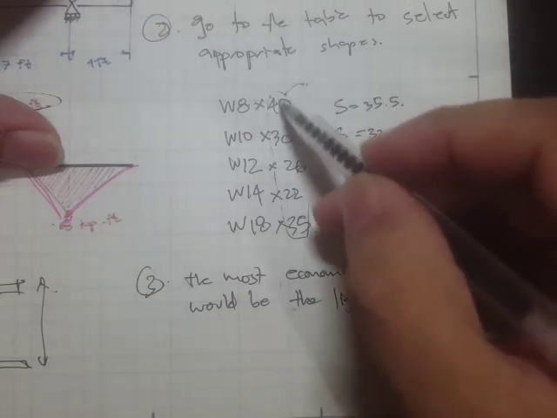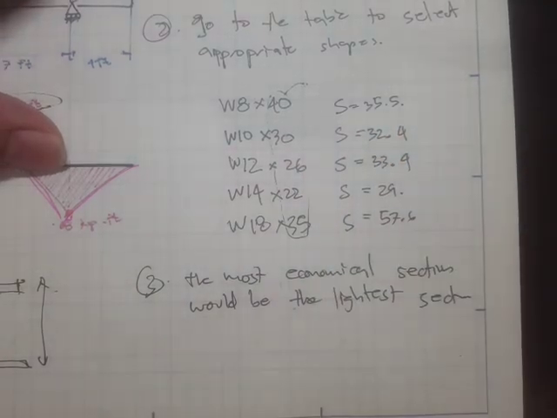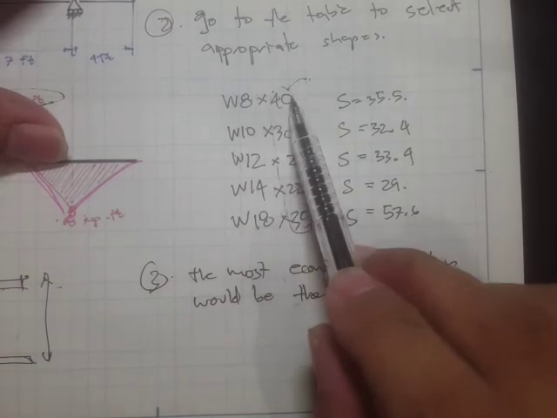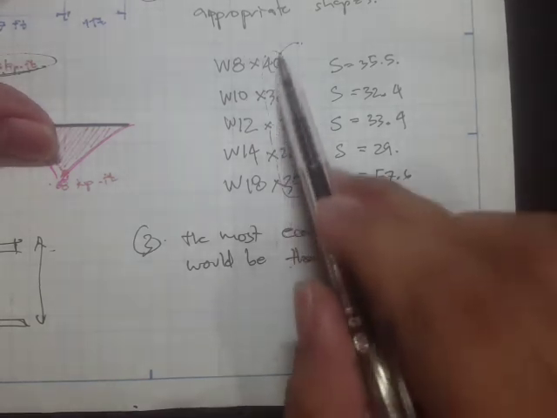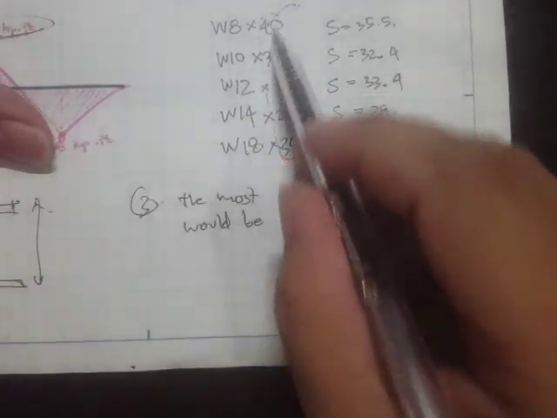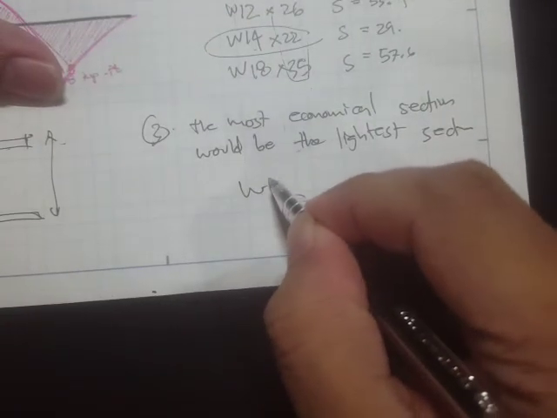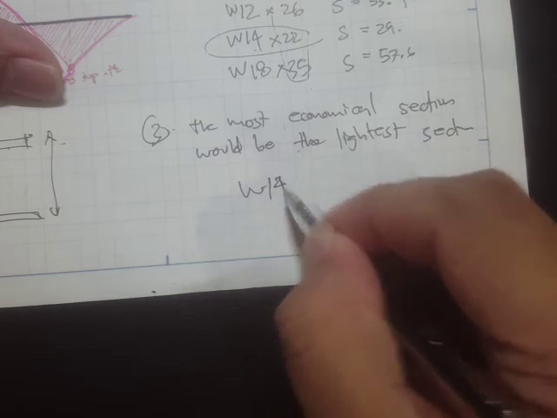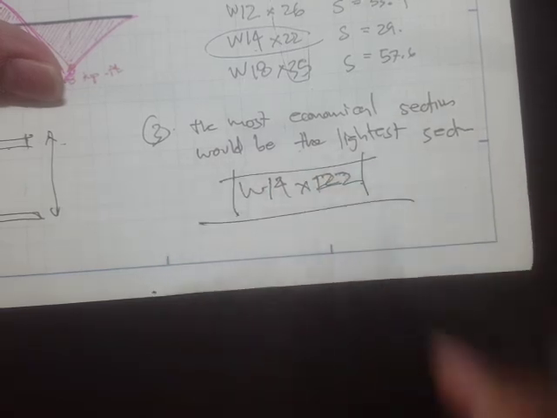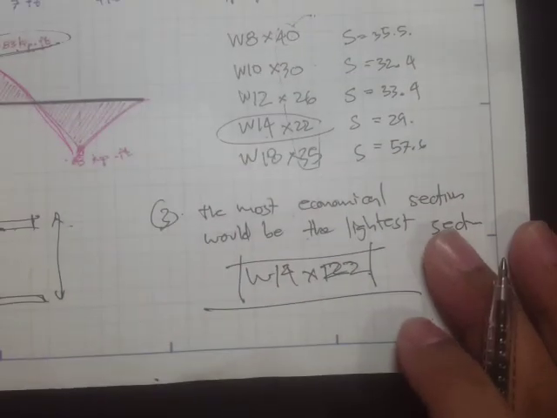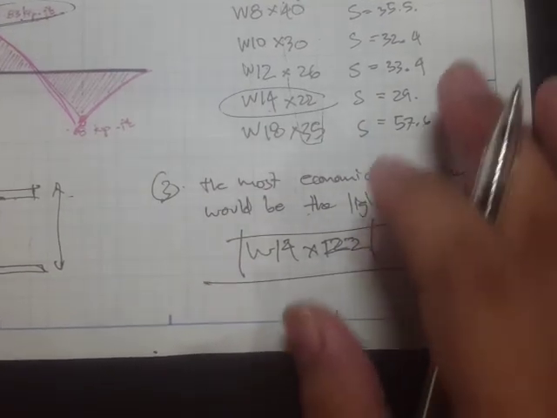So that's the weight of the section. So if you have 40 pounds, that's heavier as compared to the ones lower than this. So the lowest would be this one. Therefore we should select W14 by 22. Okay, so that's one application of this flexure formula and the section modulus.